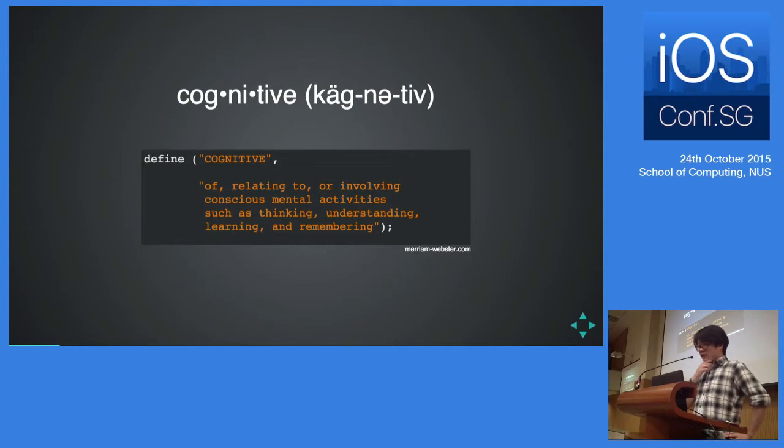So what exactly is cognition or cognitive? I looked this up in Merriam-Webster. The definition is relating to or involving conscious mental activity, so thinking, understanding, learning, and remembering. These are the things cognition is all about.